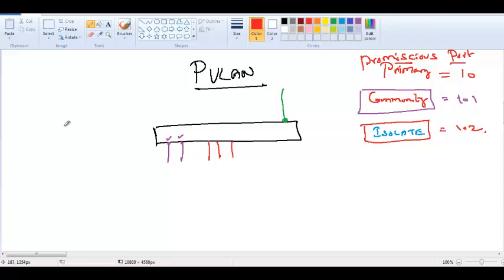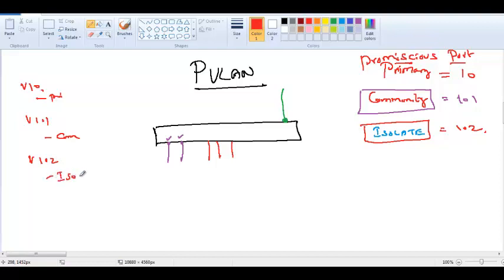First thing, you need to create VLAN 10, and say it's primary. Then we configure VLAN 101 and say this is community. Create 102 and say this is isolate.